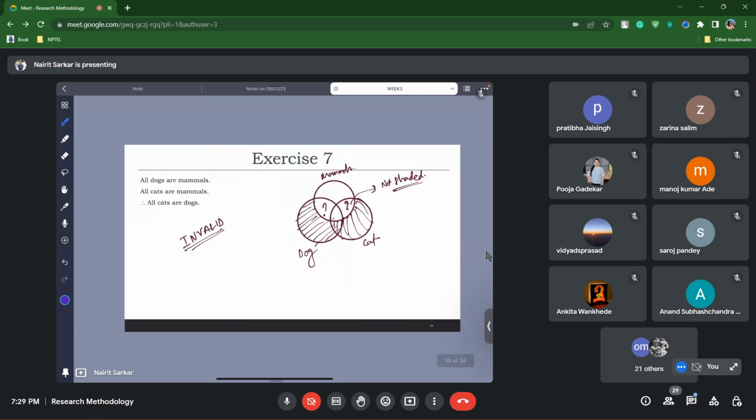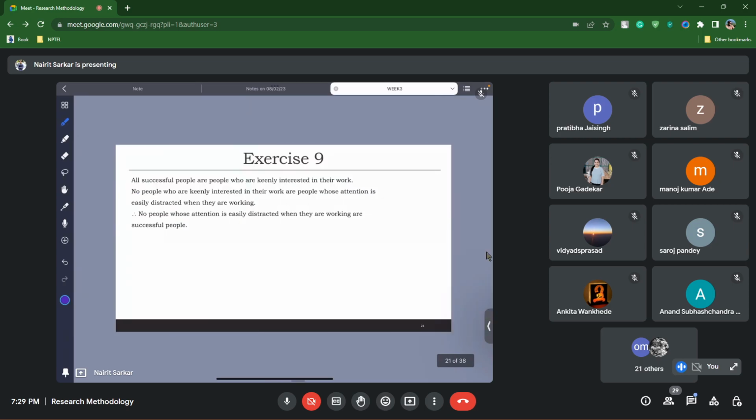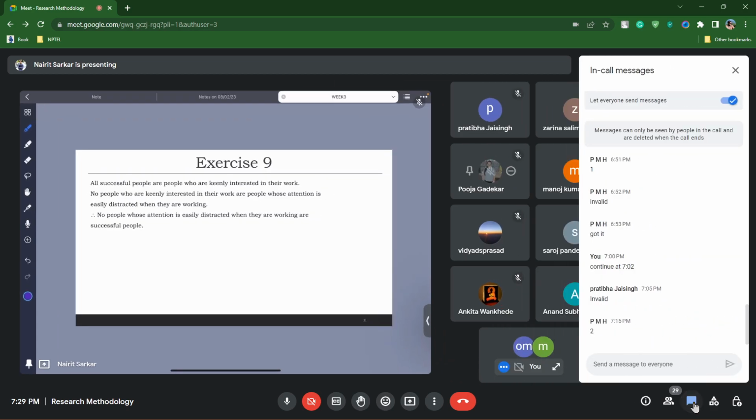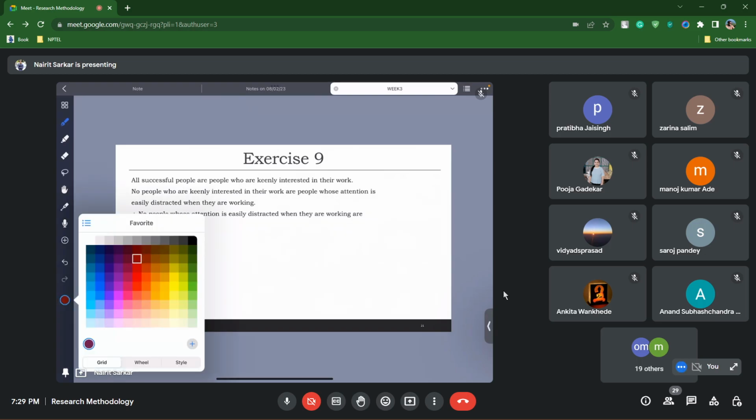Then 7 and 8 are okay, and then exercise 9. You guys want to tell me whether it is valid or not? It is not hard, but I think you guys should try. First, I think you should write it this way.